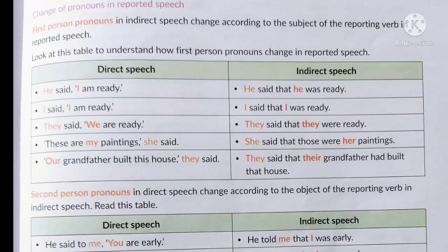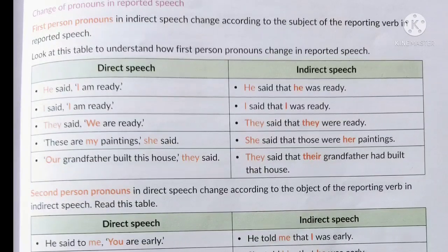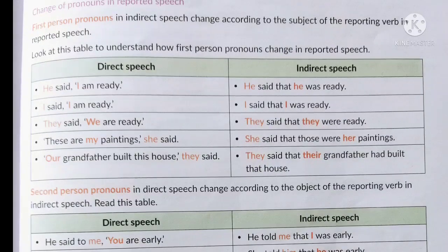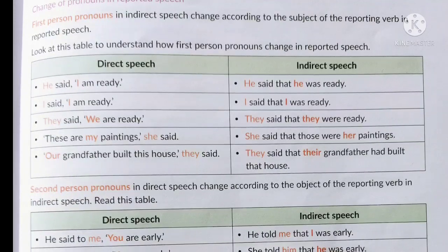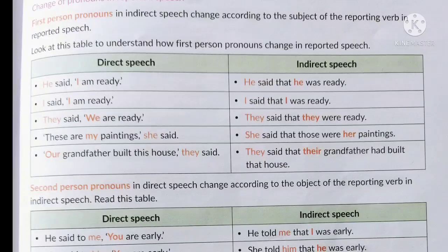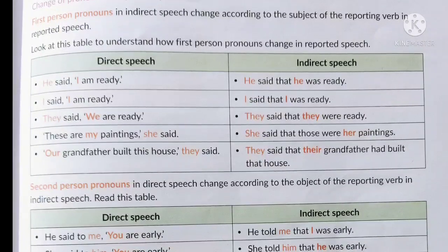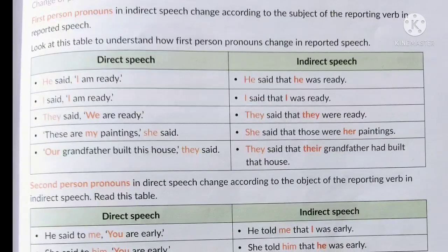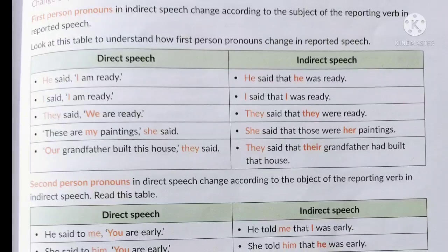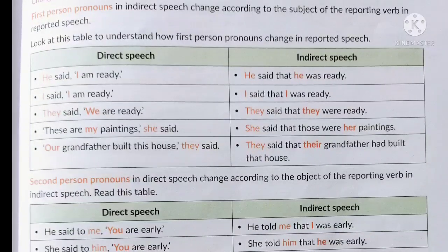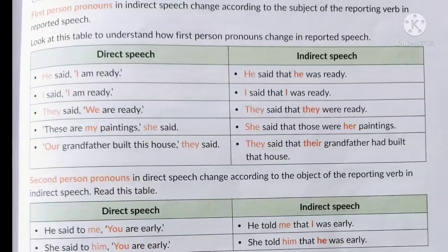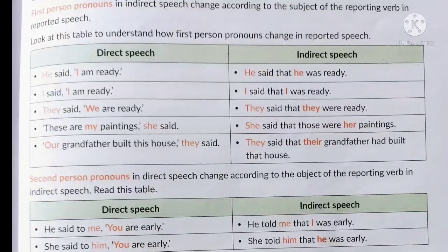I will take only two examples. He said, "I am ready." Here you can notice the first person pronoun changes according to the subject of the reporting verb. In indirect speech it becomes: He said that he was ready.